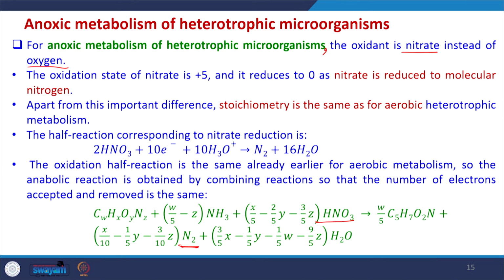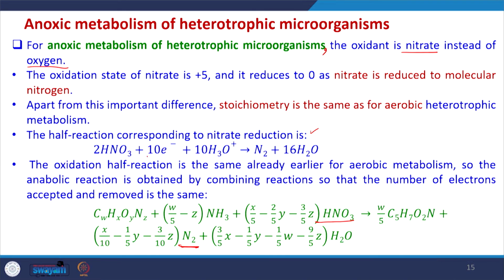Now, apart from this important difference, the stoichiometry is the same as for aerobic heterotrophic metabolism. The half reaction corresponding to nitrate reduction is the same. For the reduction reaction, it is different because we do not have oxygen. So, in place of oxygen we have HNO3.